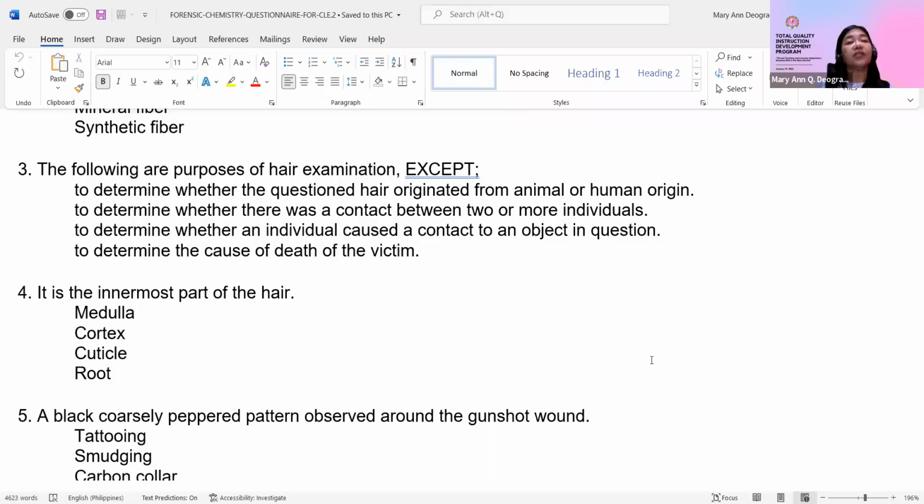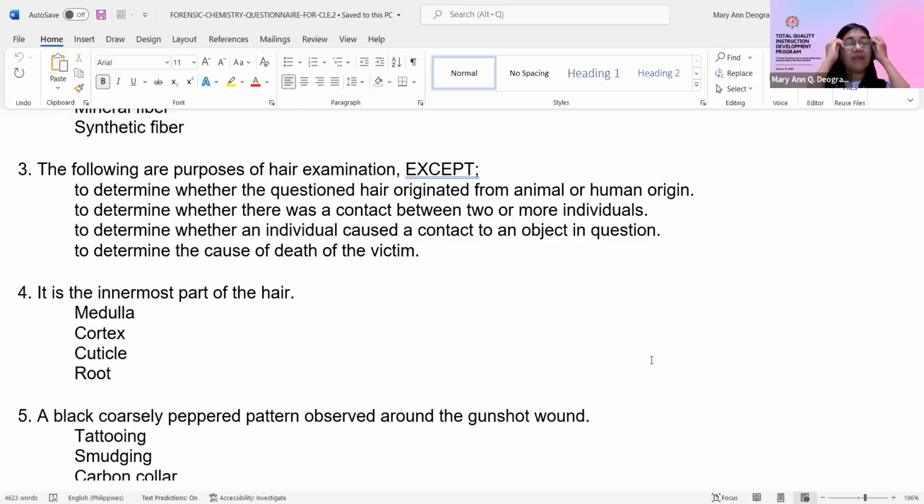The letter C, to determine whether an individual caused a contact to an object in question. So, ang example ko sa inyo noon dyan is, let's say, hammer, no? So, hammer, halimbawa na ginamit doon sa, which is used to inflict the injury to the victim.